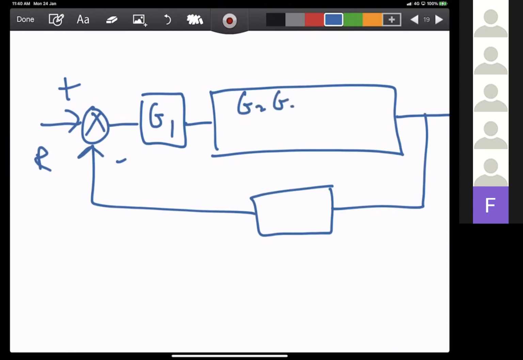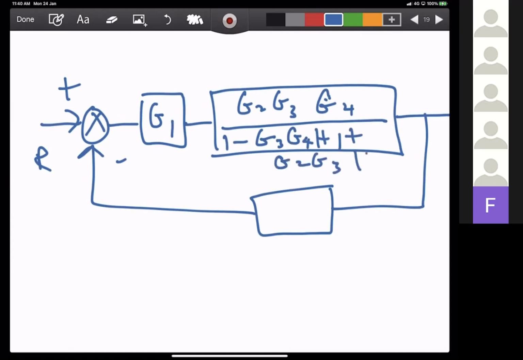G2, G3, G4, G3, G4, P1 tambah G2, G3, P2.